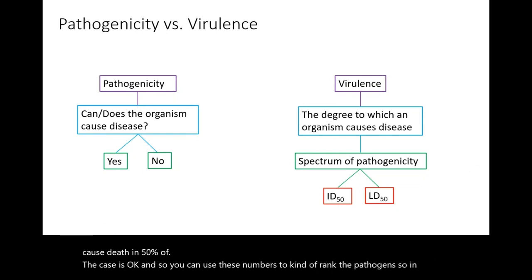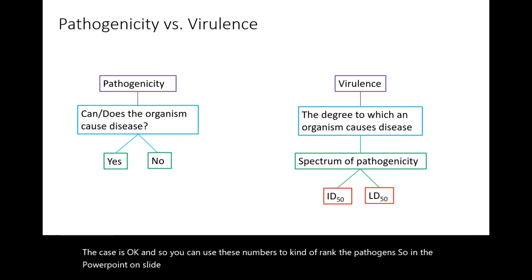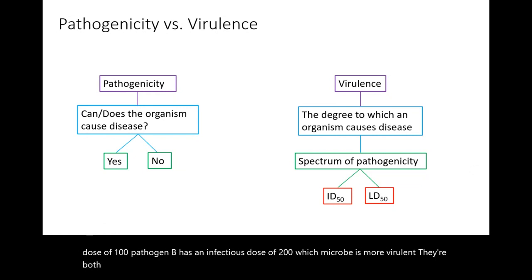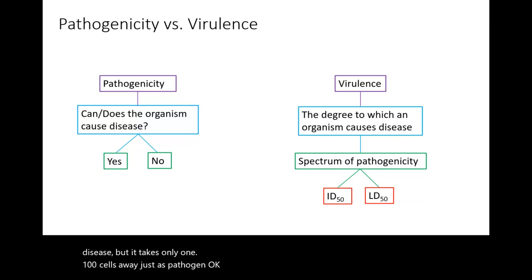So in the PowerPoint on slide 13, I told you to edit this slide. It says pathogen A has an infectious dose of 100, pathogen B has an infectious dose of 200. Which microbe is more virulent? They are both pathogenic because in this case they have an infectious dose, so they can cause disease. But it takes only 100 cells, pretend it's a bacteria, that get into the host to cause an infection.